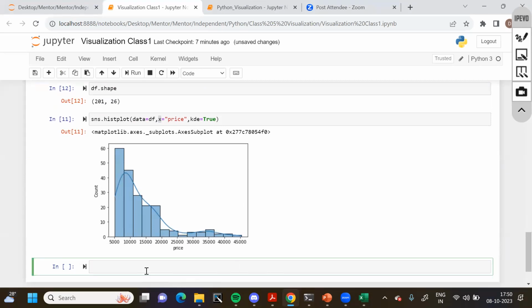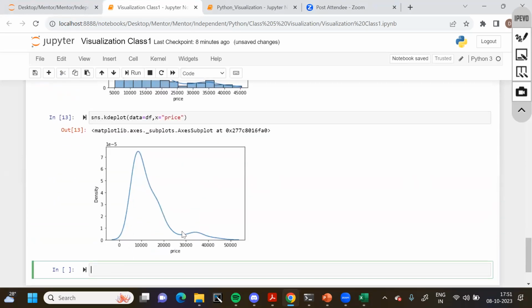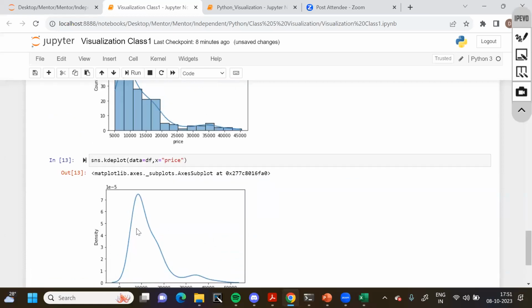Let's see if there is another thing: sns.kdeplot with data is equal to df, x is equal to price. You can see that this KDE means kernel density estimator.